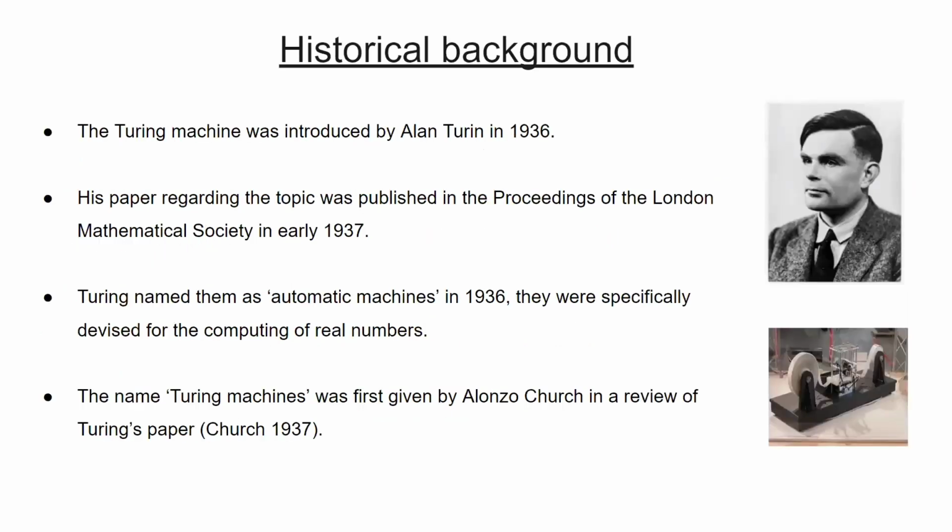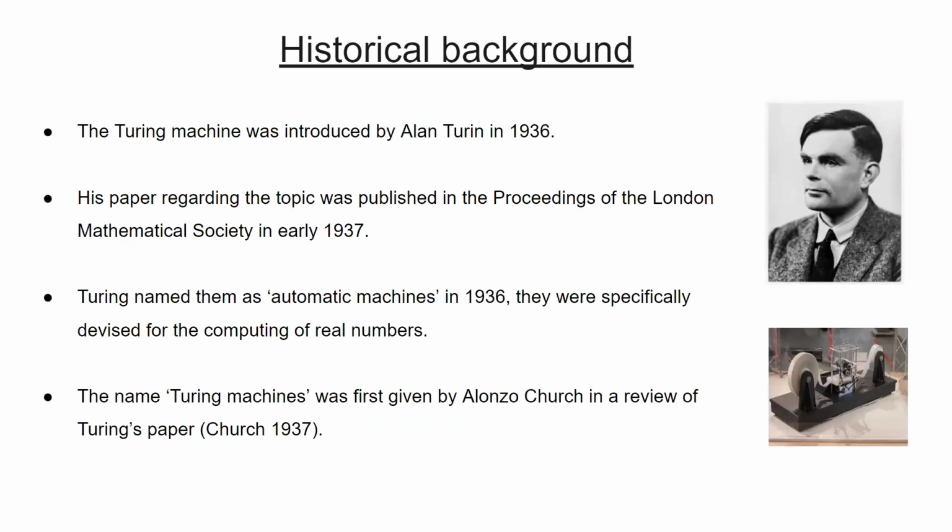Thank you, Sandun. My name is Asiri Hashan and my index number is 216156R. Now I'm going to present about the historical background of the Turing machine concept. The Turing machine was introduced by Alan Turing in 1936. His paper regarding the topic was published in the Proceedings of the London Mathematical Society in early 1937.